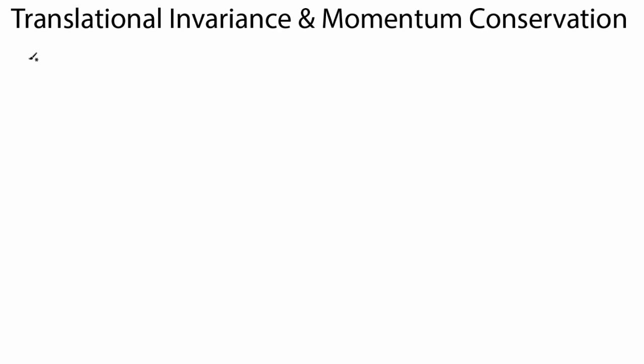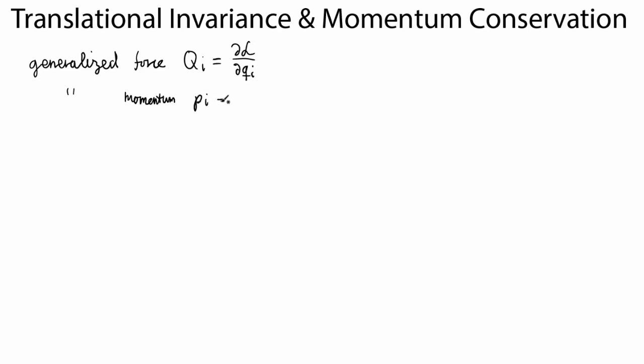So we've already introduced the generalized force, which is just the partial derivative of the Lagrangian with respect to a generalized coordinate. And we also have a generalized momentum, which is the derivative of the Lagrangian with respect to the corresponding generalized velocity.